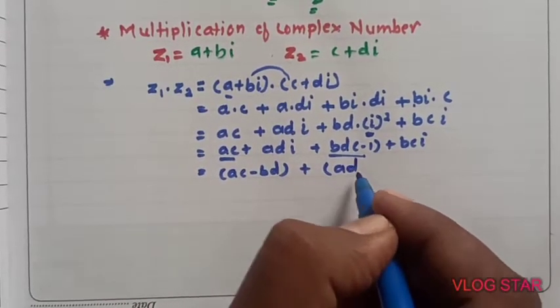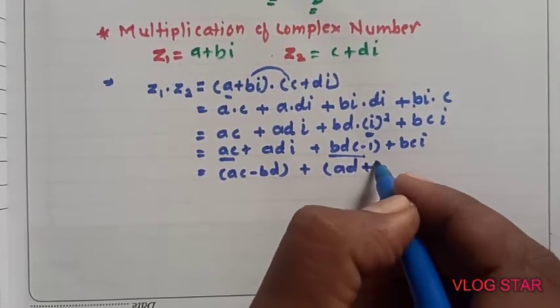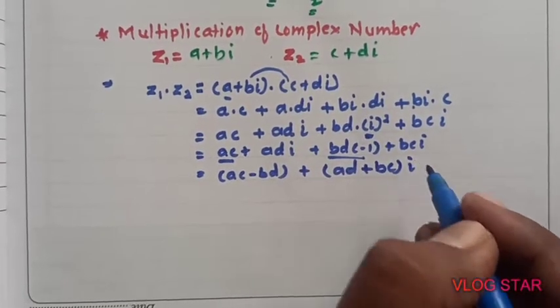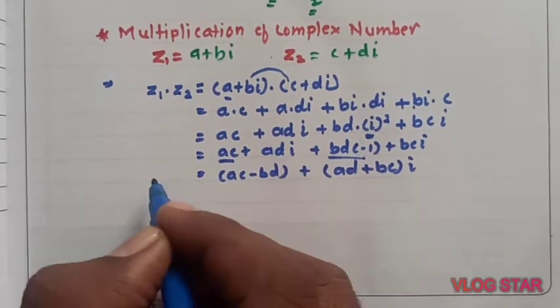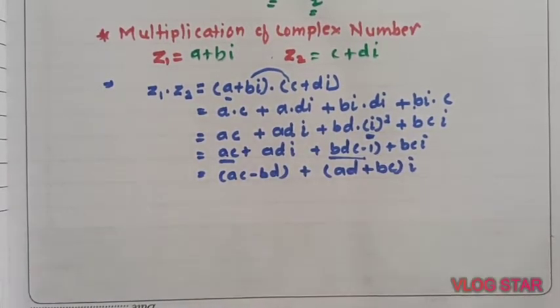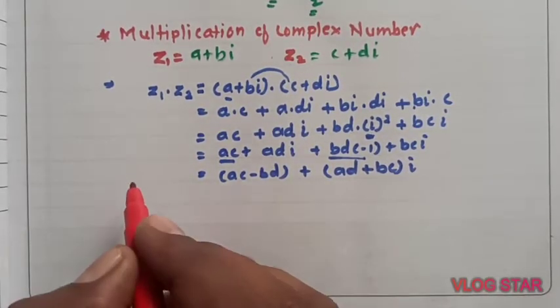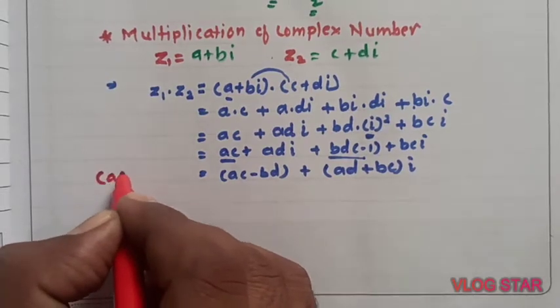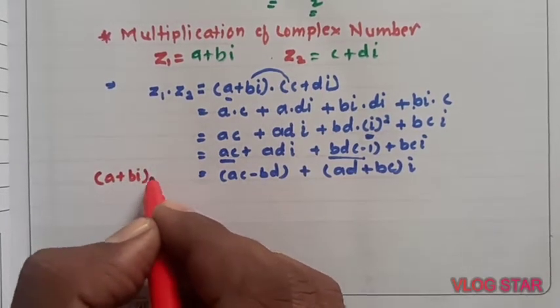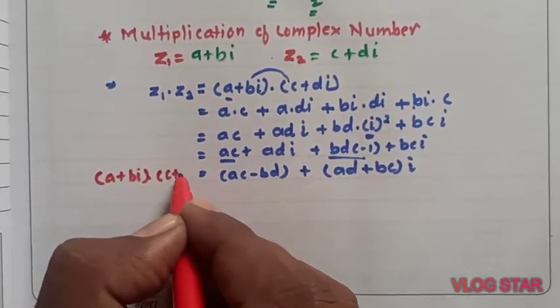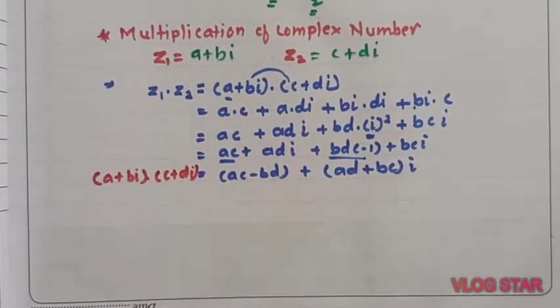So ad, to this we add bc, so plus bci. So finally we got the answer, isn't it? What was the left side of this? The left side was a plus bi, meaning z1, times c plus di.